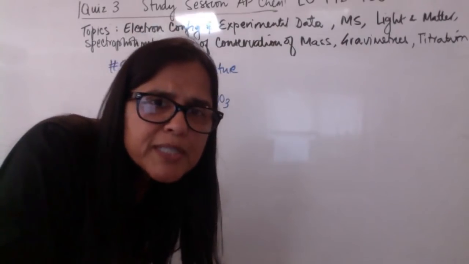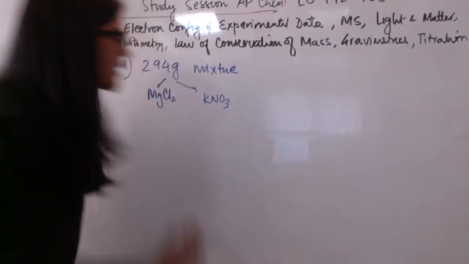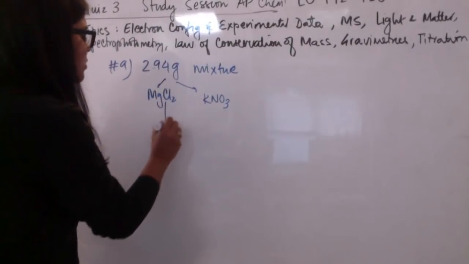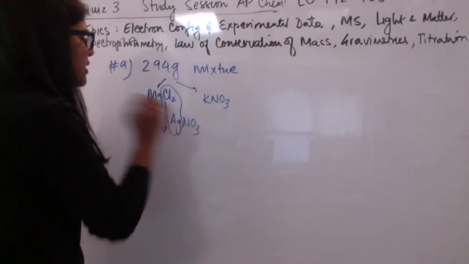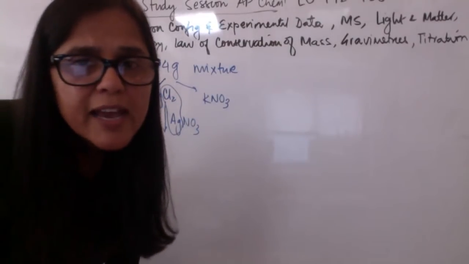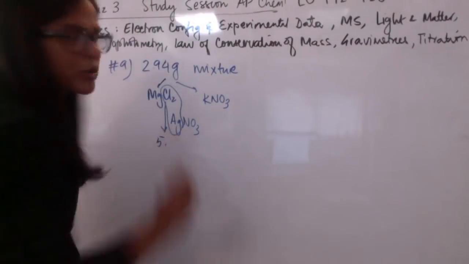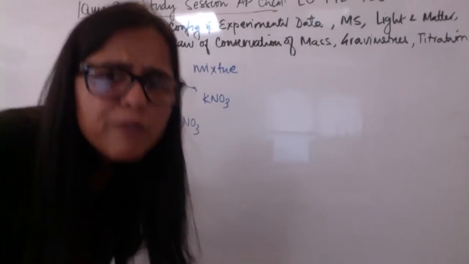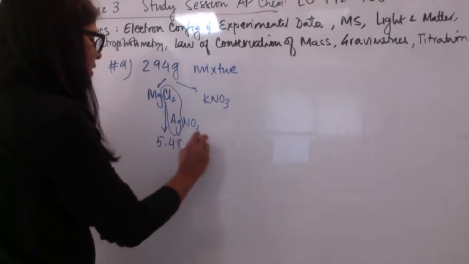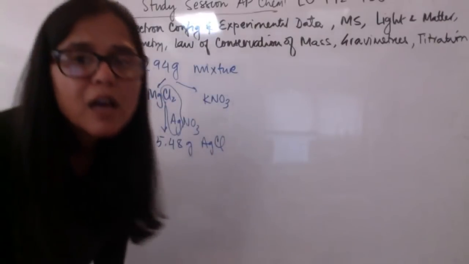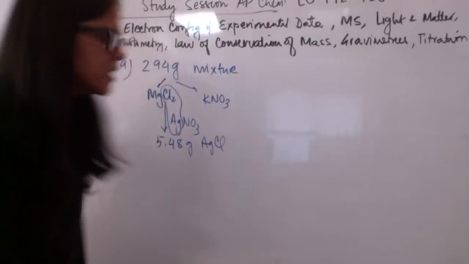To determine the percent by mass of MgCl2 in the mixture, a student uses excess AgNO3. They're interested in mass percent, so they use AgNO3 to precipitate out AgCl. They got the mass of AgCl precipitate to be 5.48 grams. On the basis of this information, calculate the number of moles of MgCl2.